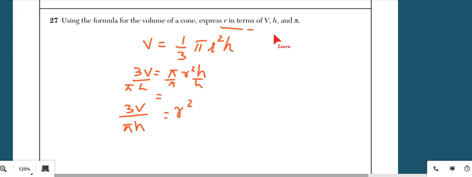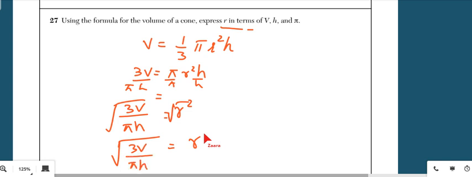Still we have to solve it further because we have to write it for r, not for r square. So by taking the square root on both sides, I will get r equals the root of 3V over pi h. Is it clear?